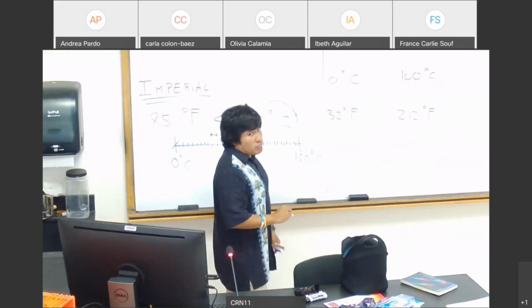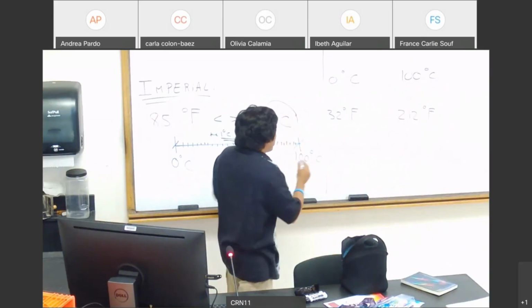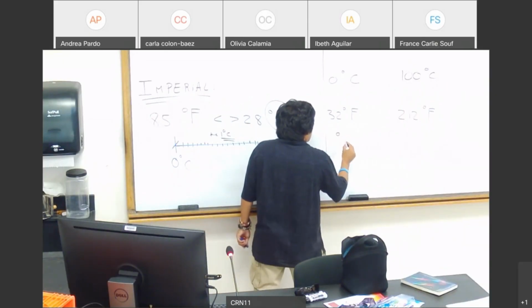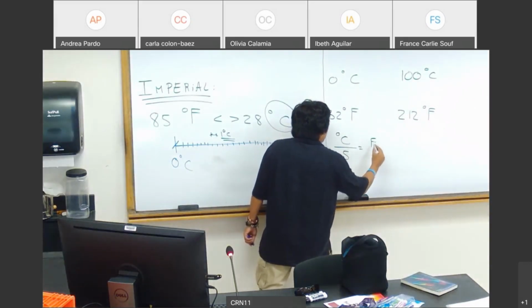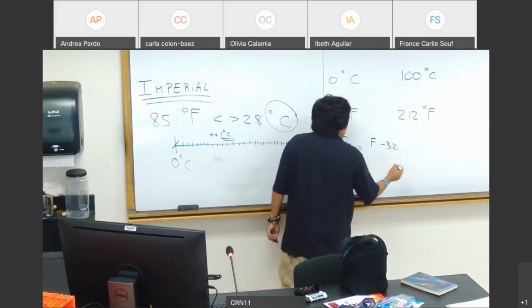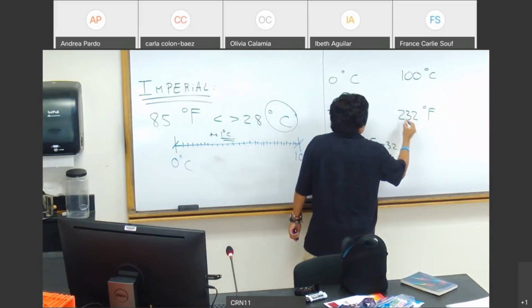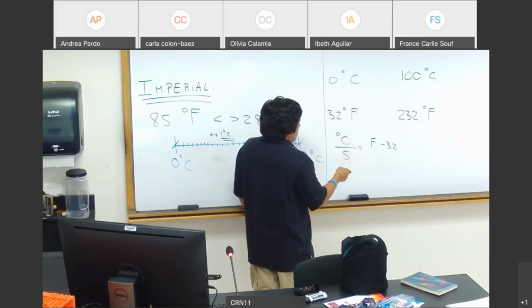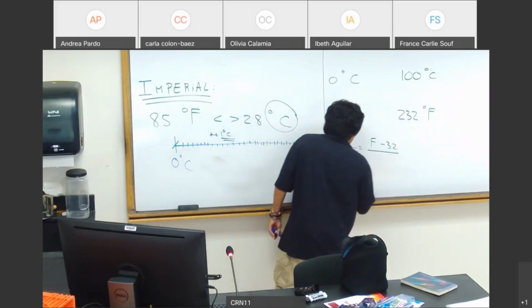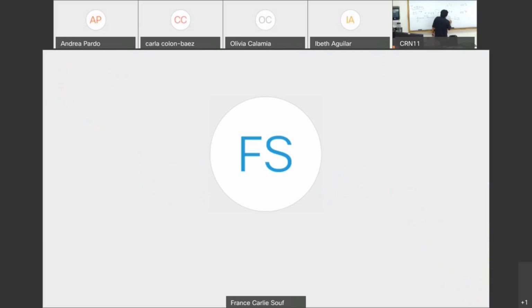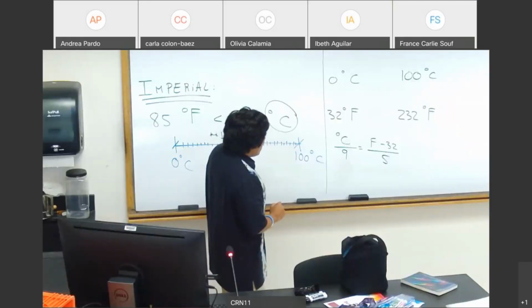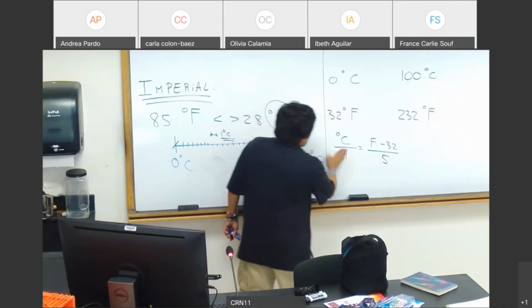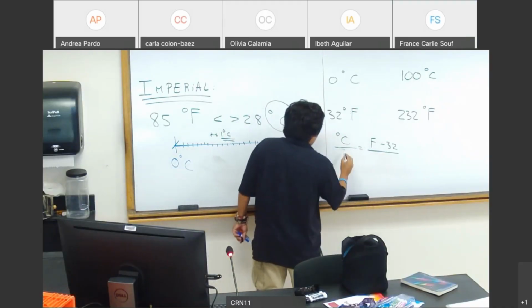The conversion to go from Celsius to Fahrenheit is as follows. Celsius divided by 5 equals Fahrenheit minus 32 divided by 9.